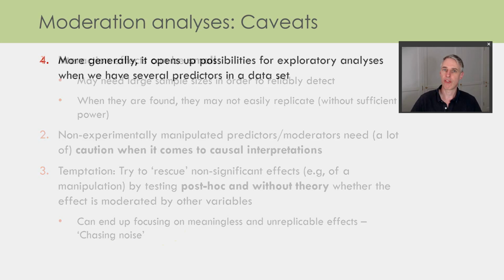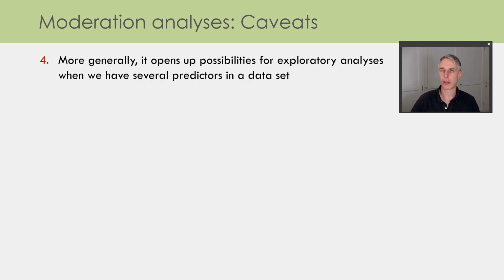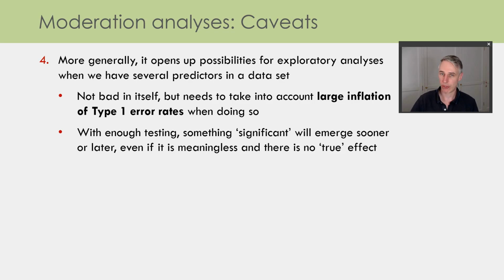And that's really into a fourth, slightly more general formulation of that caveat, that these techniques open up possibilities for exploratory analyses when we have lots of predictors in our data set. So in other words, analyses that involve looking at combinations of predictors without a very good prior theoretical reason for why that is meaningful to test. Now, I don't want to suggest that that's bad in and of itself.